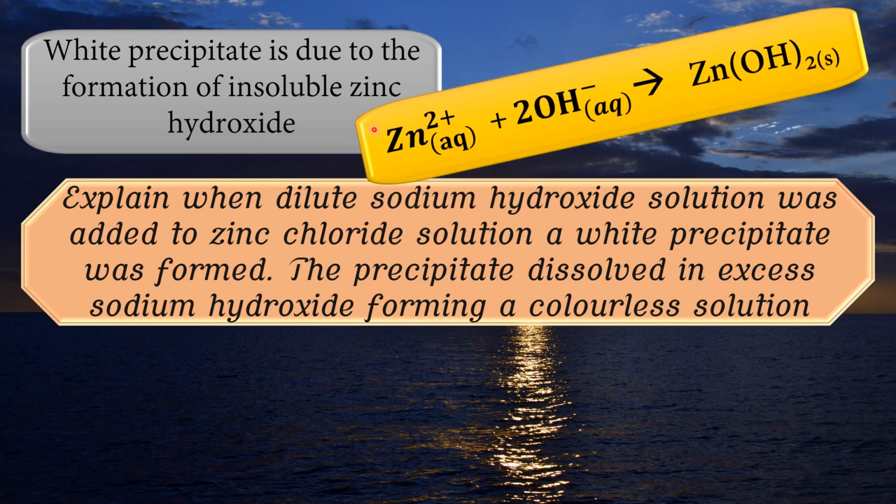The zinc ions in the zinc chloride solution reacted with the hydroxide ions that came from sodium hydroxide, and we formed a white precipitate. That white precipitate is zinc hydroxide.